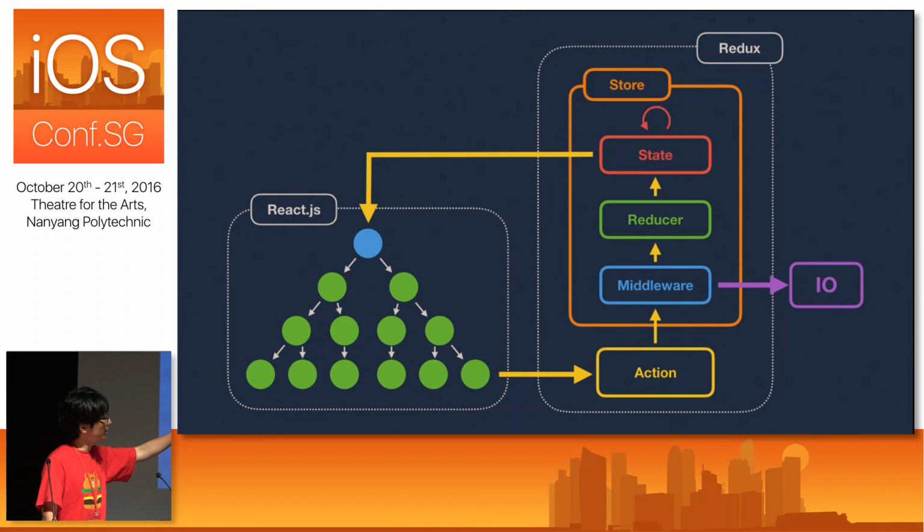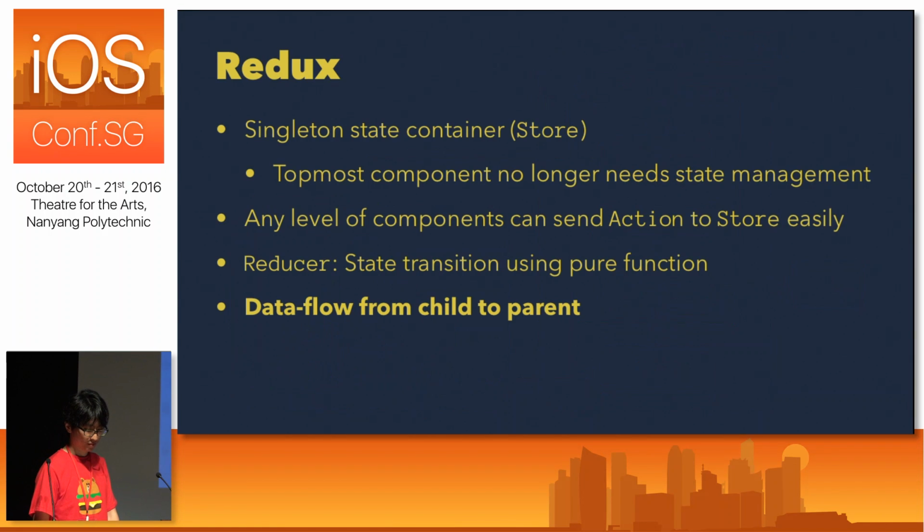Once the action is sent to the store, it will pass middleware, then reducer. And it will be converted to a new state, and it also generates some side effects, the I/O. And lastly, the store's listener, React.js in this case, will receive the newest state, and it does incremental updates. And this is the outline I just talked about.